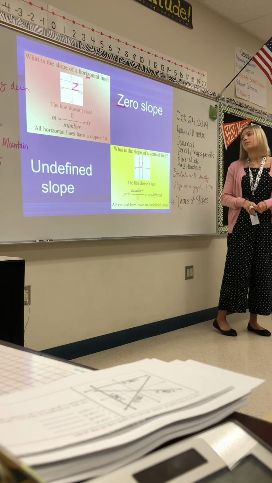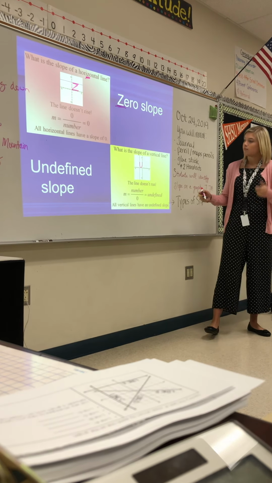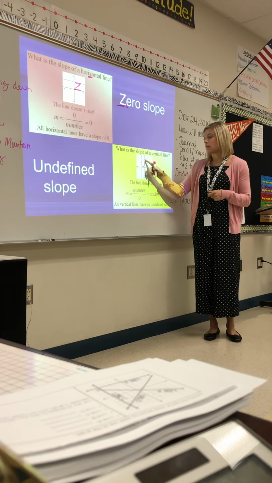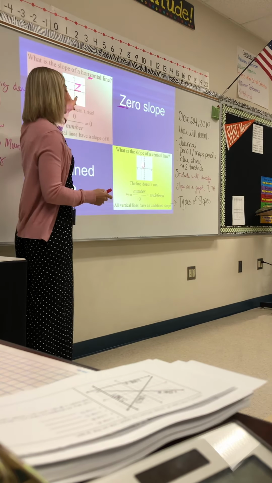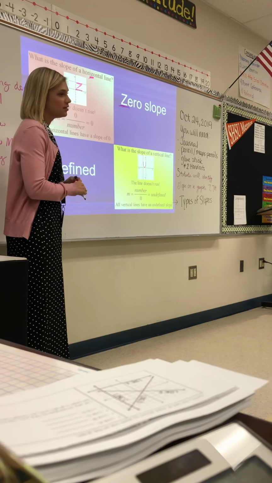So if you can remember, when you use your y-axis and you can create a U, it's undefined. And when you use your x-axis, when you create a zero, it's horizontal. Does anyone have any questions?